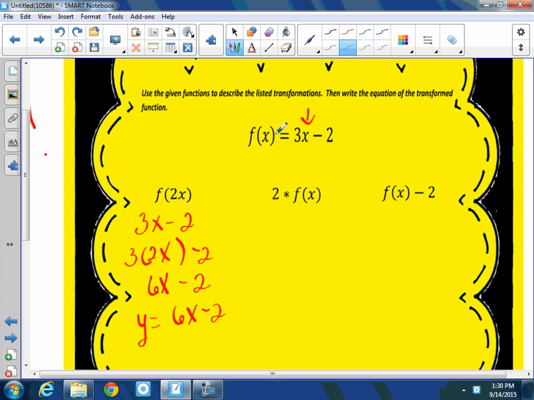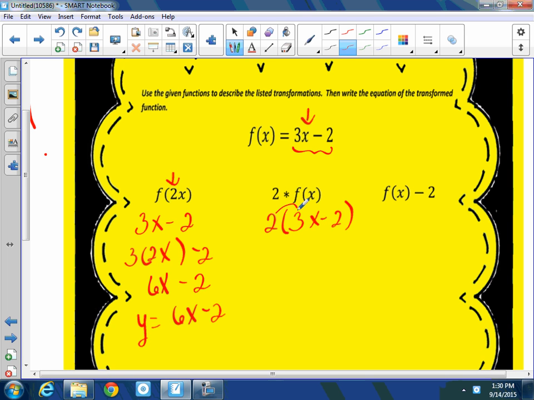Now compared to the other one, this y-intercept is still the same. This slope has doubled, multiplied by 2, which means this will be steeper. Now this would be twice f of x, and f of x is 3x minus 2.